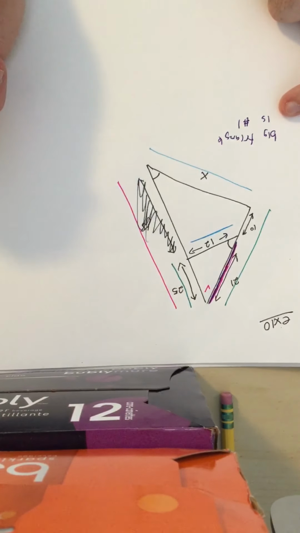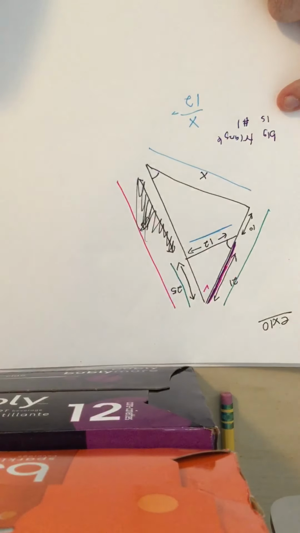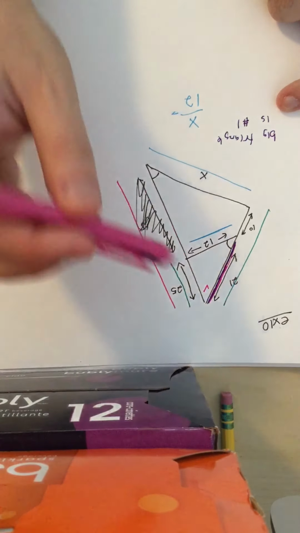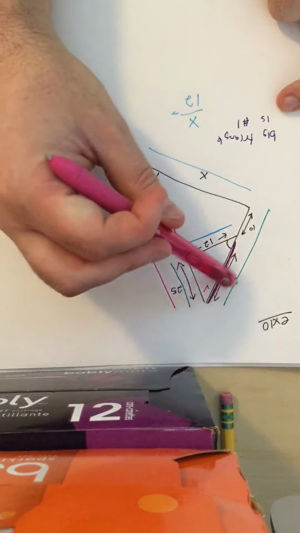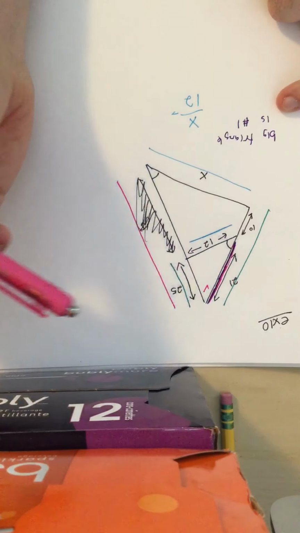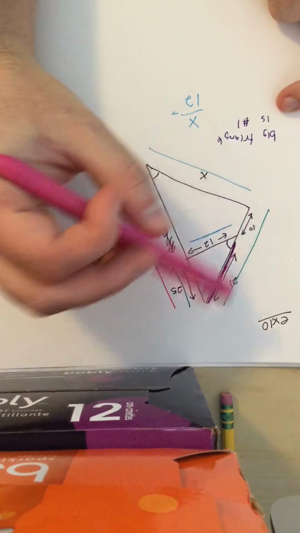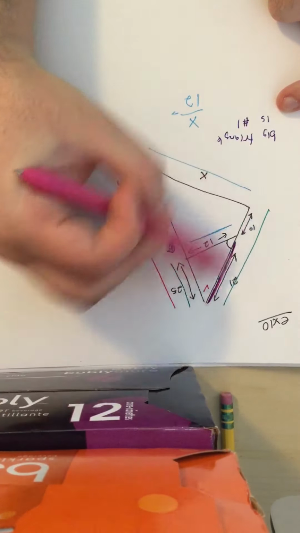So we're going to have blue over blue, which is going to be X over 12. And then big blue over small blue, and then we're going to have big green over small green. Now, how long is big green? It's not necessarily obvious, because big green is not 21 and big green is not 10. Big green is the entire length of this side.